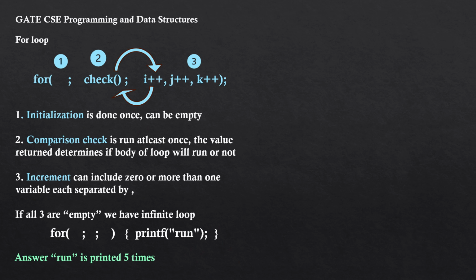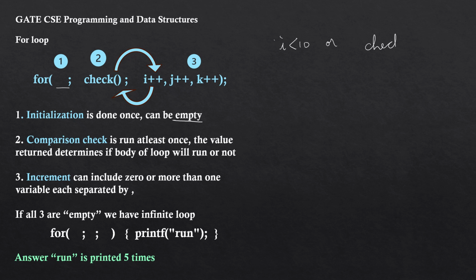Okay, let's have a quick review of whatever we saw today. Initialization, the first part, is done once and it can be empty. Comparison check, the condition we have in the for loop, is run at least once. You can have an expression like i less than 10, or you can even have a function call.